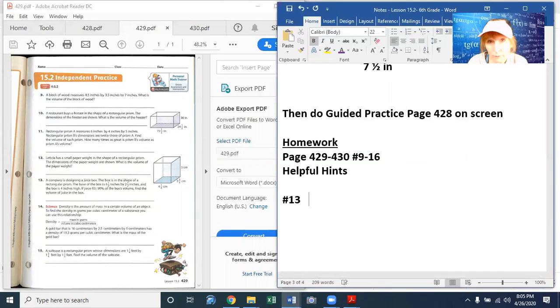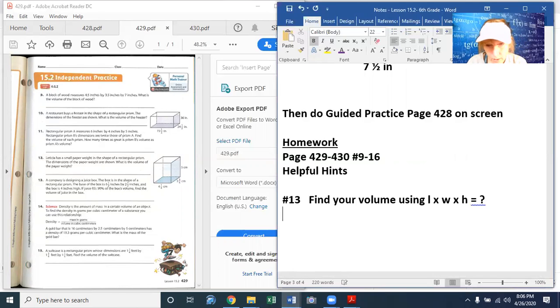So you're going to use your volume formula to find the volume. So find your volume using length times width times height, and then that's going to equal something, right?